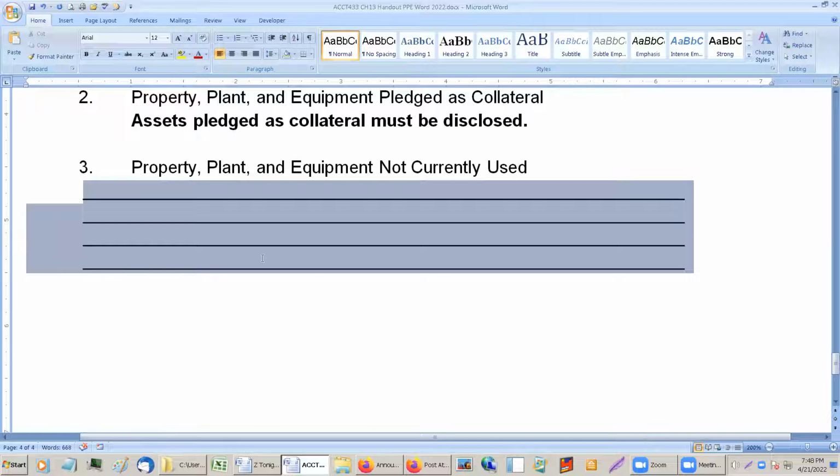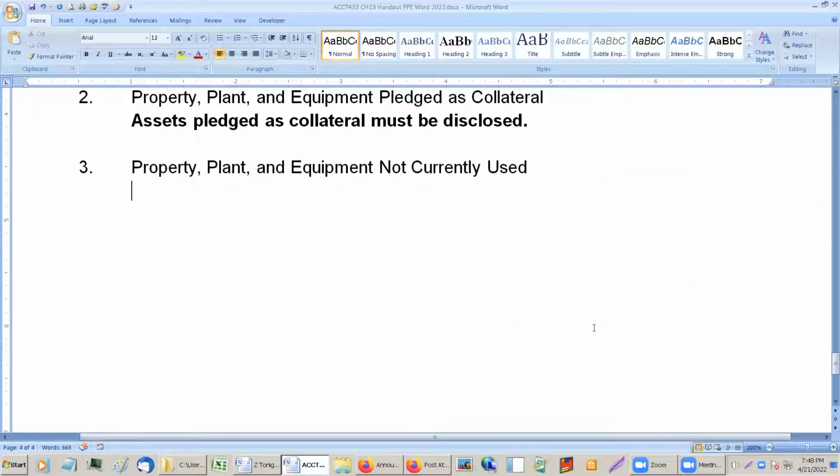And we talked about this earlier, property, plant, equipment not being used. This will usually be also in the notes as well.